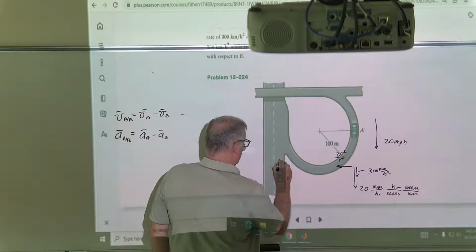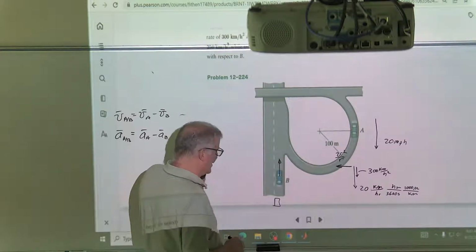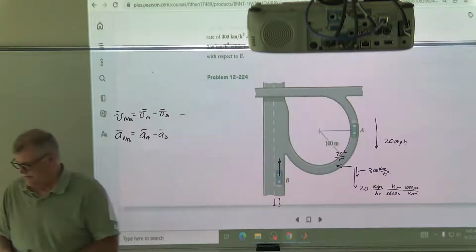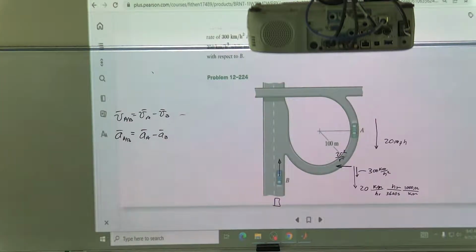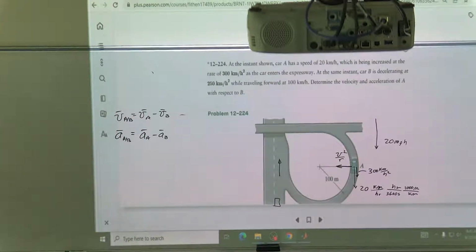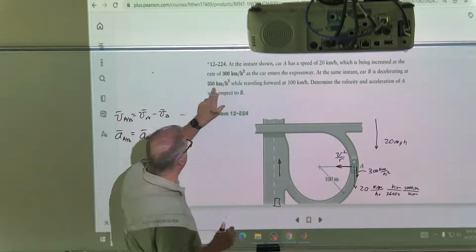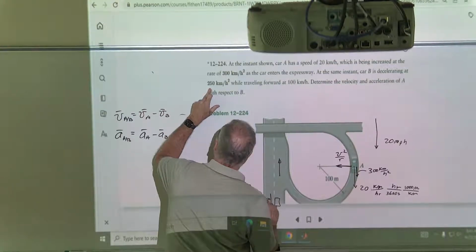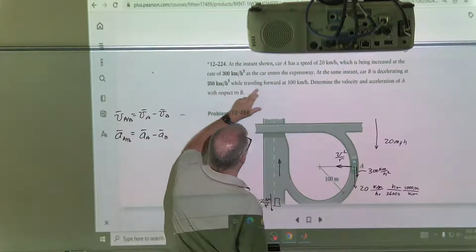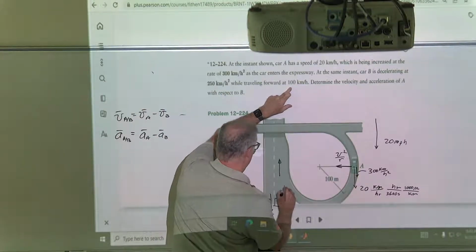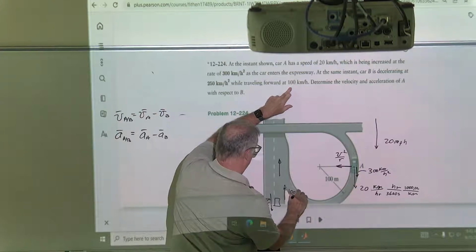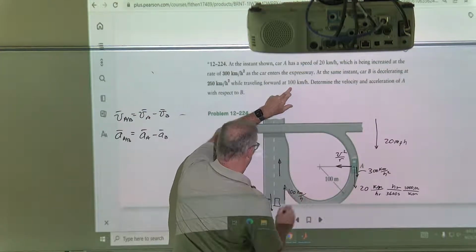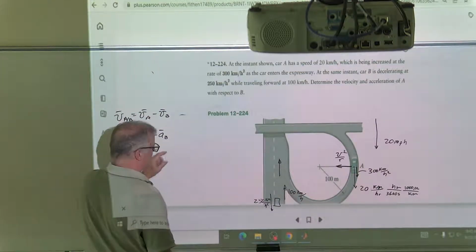So it's apparently going this way. Okay. So, but it is decelerating. So it is decelerating at 250 kilometers per hour squared, while traveling 100 kilometers per hour. So if you look at the velocities, that's straightforward.